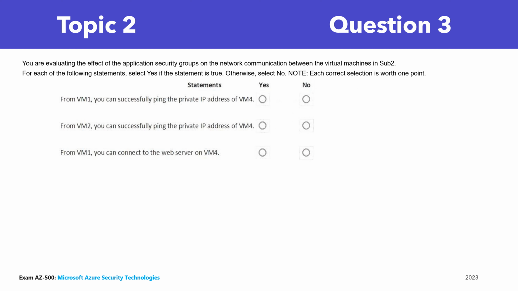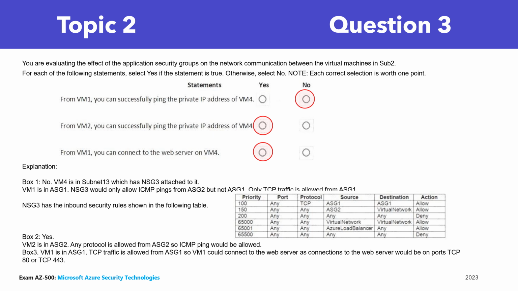You are evaluating the effect of the application security groups on the network communication between the virtual machines in Sub 2. For each of the following statements, select yes if the statement is true. Otherwise, select no. Note, each correct selection is worth 1 point. Correct answers.